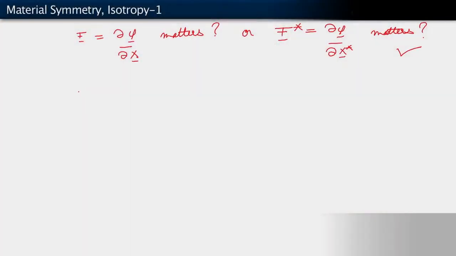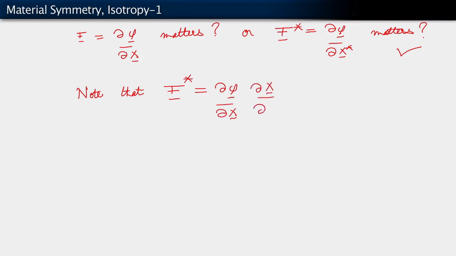How do we write F star? Note that F star, from the chain rule, is partial of phi with respect to x, times partial of x with respect to x star.